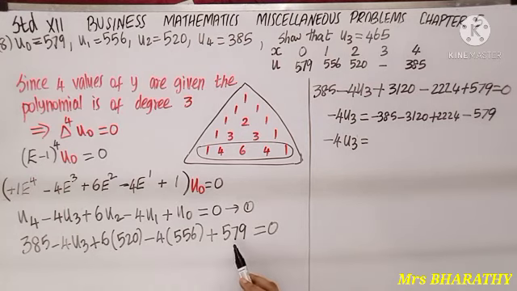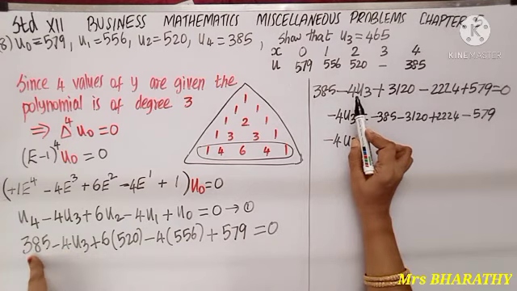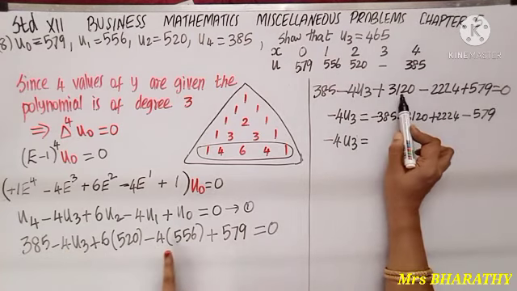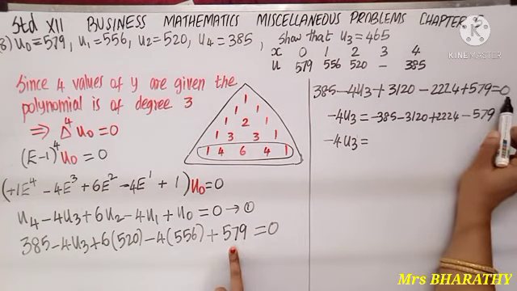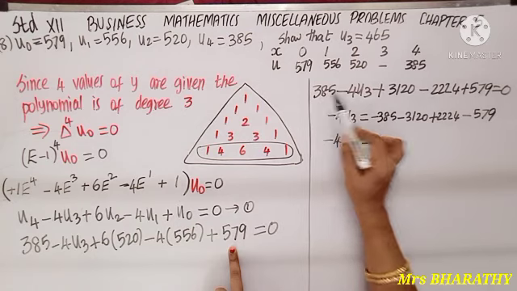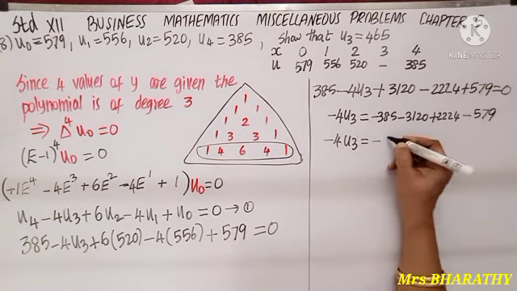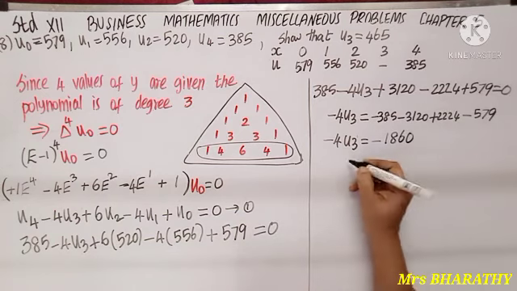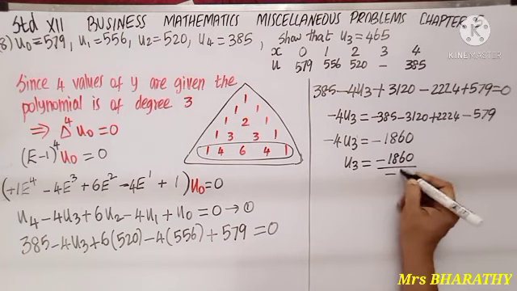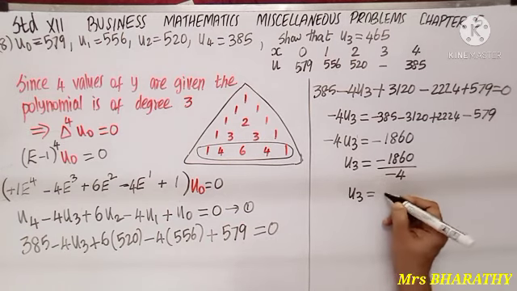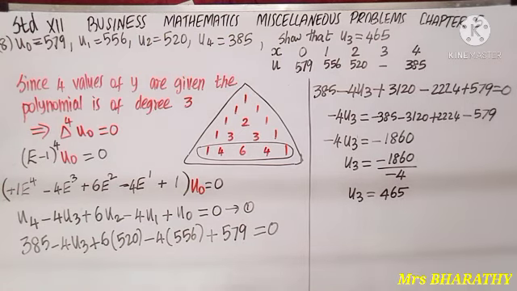As we simplify the terms, minus 4 u3 plus 385, 6 into 520 minus 4 into 556 plus 579, 0. Bring the numbers to the right side and simplify. We get minus 1860. U3 equals minus 1860 divided by minus 4, or we get 465, and that is the question.